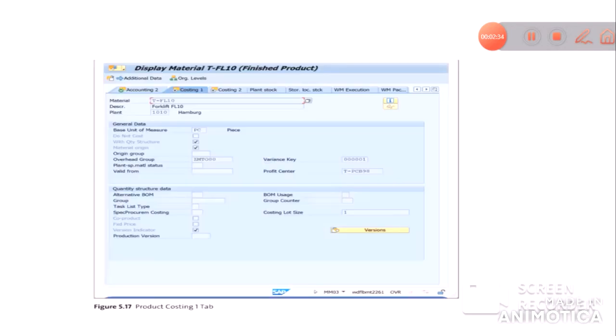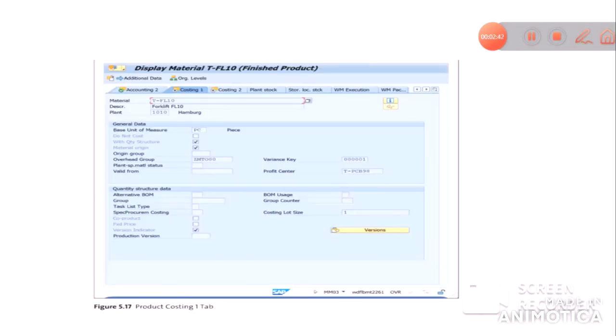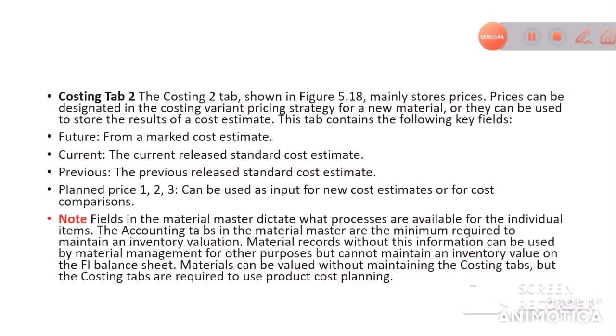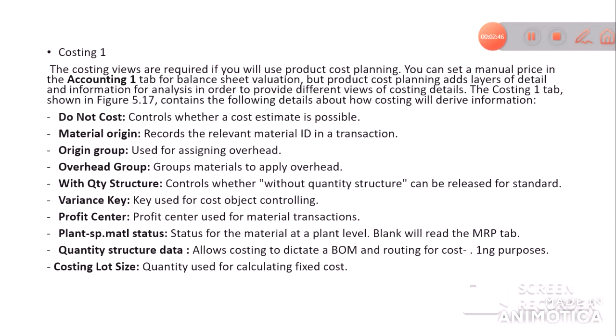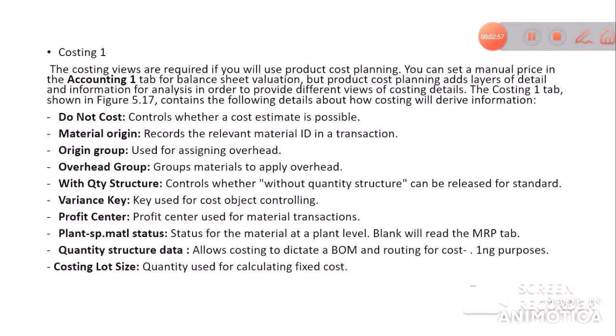Other fields are variance key, profit center, plant, SP, material status, quantity structure data, costing lot size. So these are all the fields available in the Costing 1 tab.